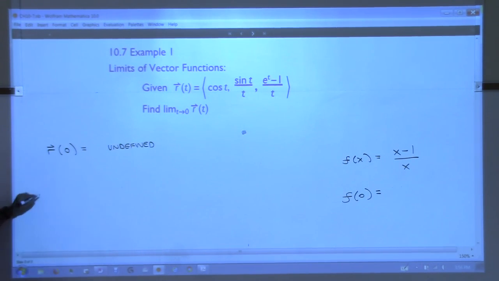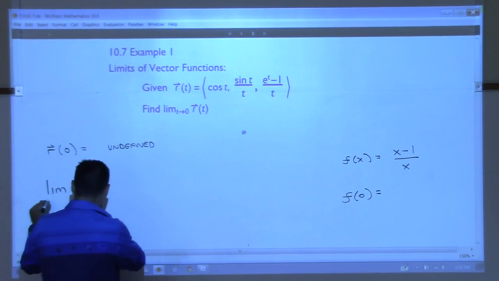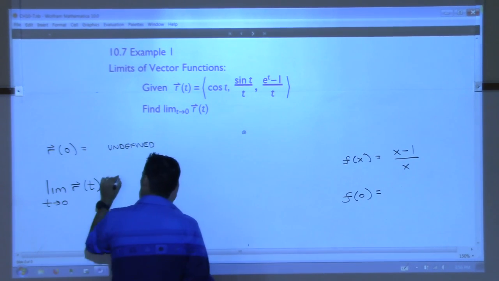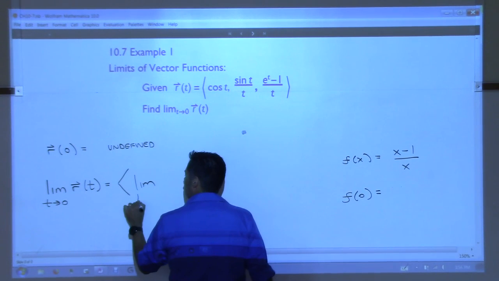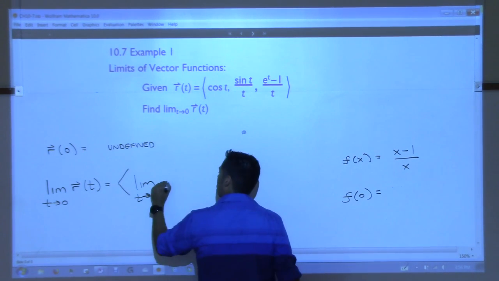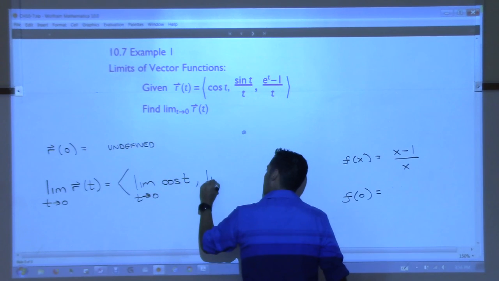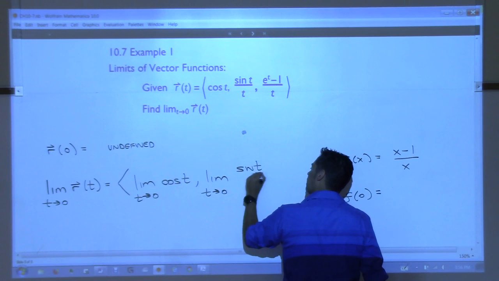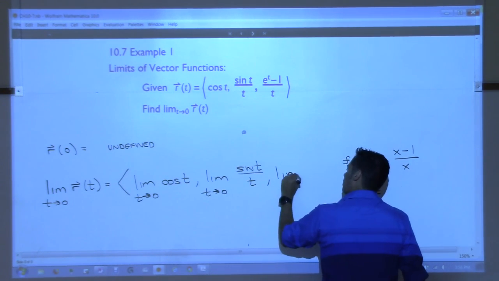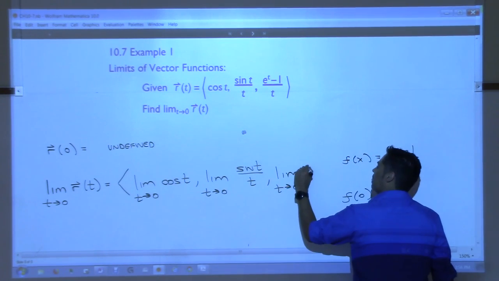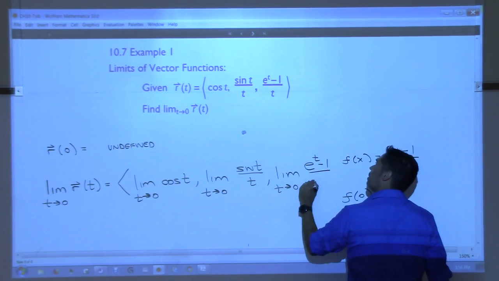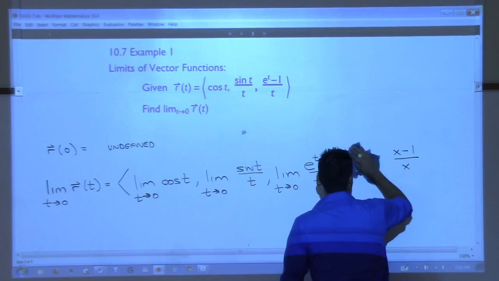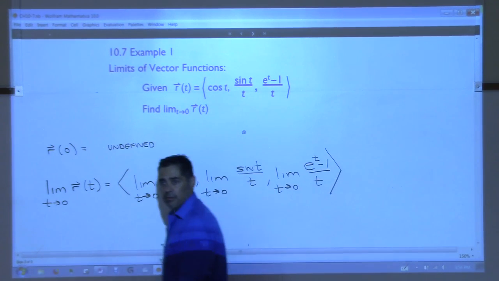If we ask what's the limit as t approaches 0 of this vector valued function, then what we want to do is take the limit as t approaches 0 for each of the component functions: the limit as t approaches 0 of cosine t, the limit as t approaches 0 of sine t over t, and then the limit as t approaches 0 of e to the t minus 1 over t. And our answer is going to be a vector, isn't it?